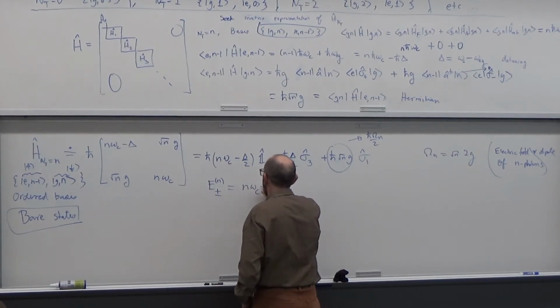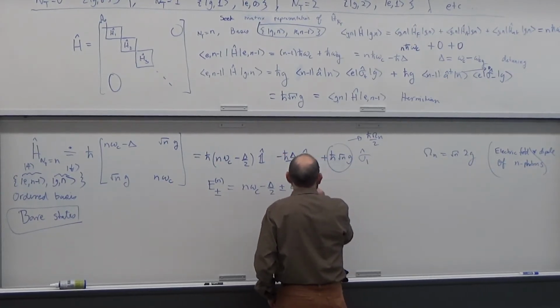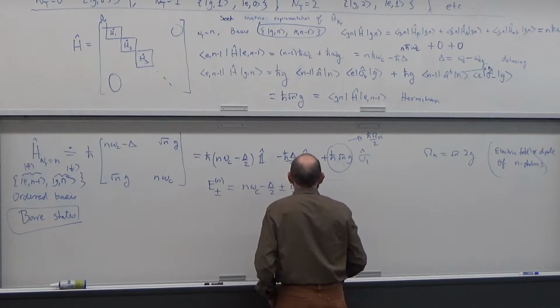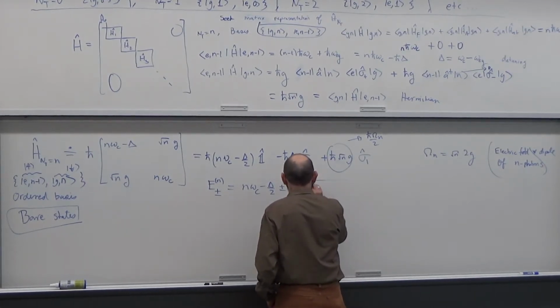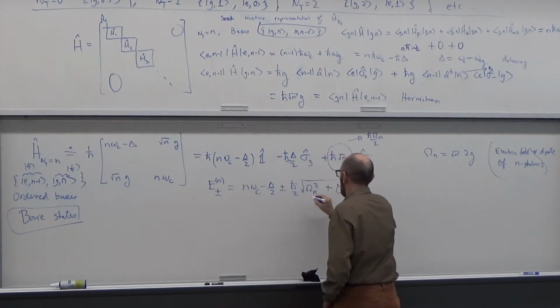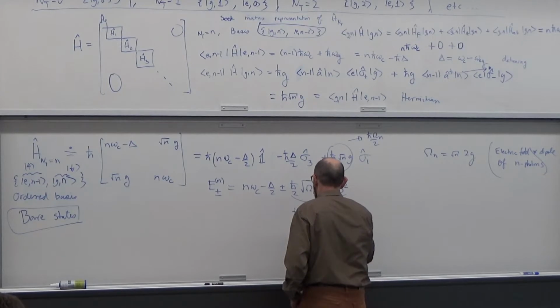The identity term plus or minus h bar over 2, the square root of delta squared plus n times 4g squared. I'll write it like this. Did you drop an h bar on the first term?